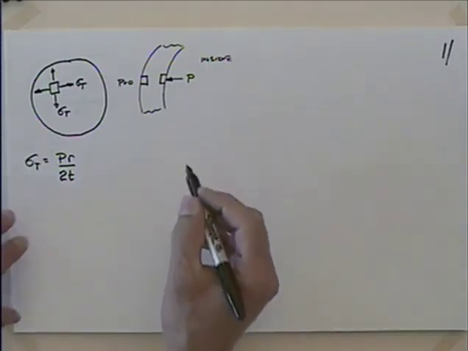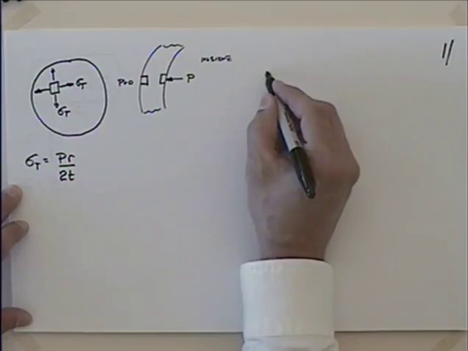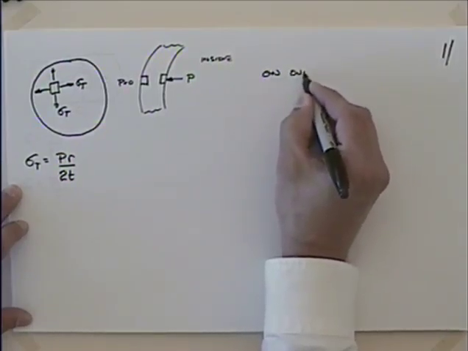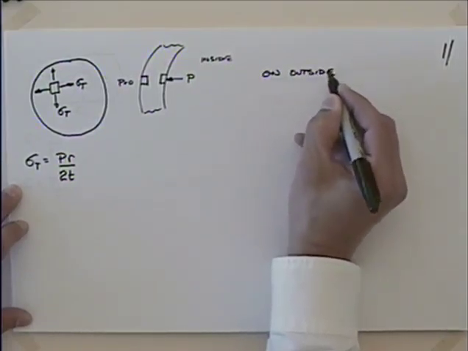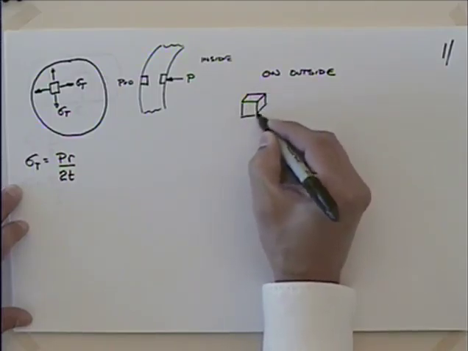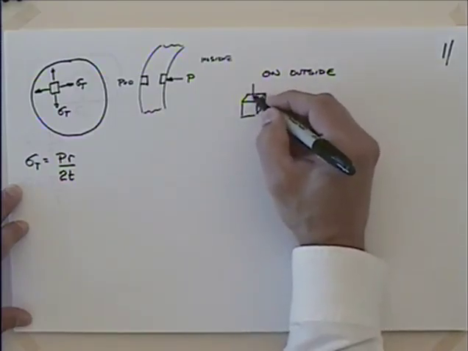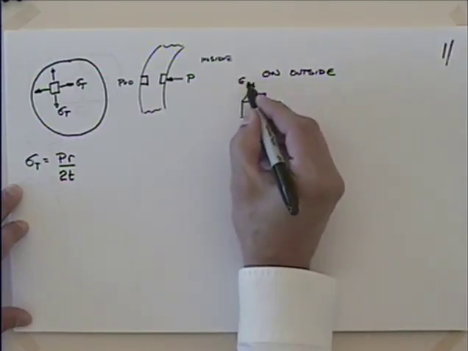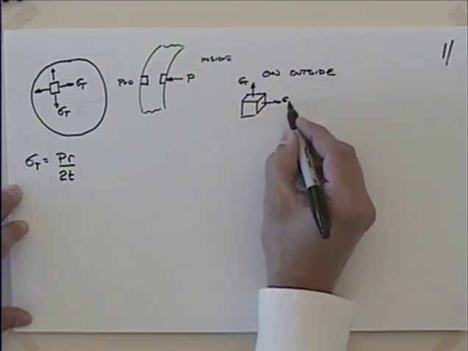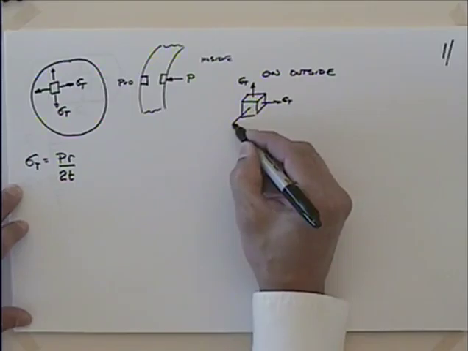So if I look at those two elements, the element on the outside, I'm going to have something that looks like this, where I'll have these sigma tangential there, and then this radial direction r.